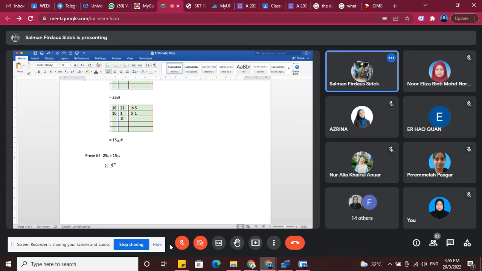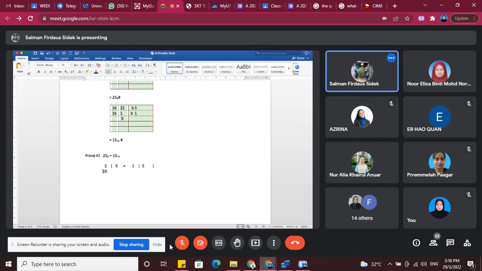Jadi apa? 2 berapa? 10. Satu biji berapa bit?